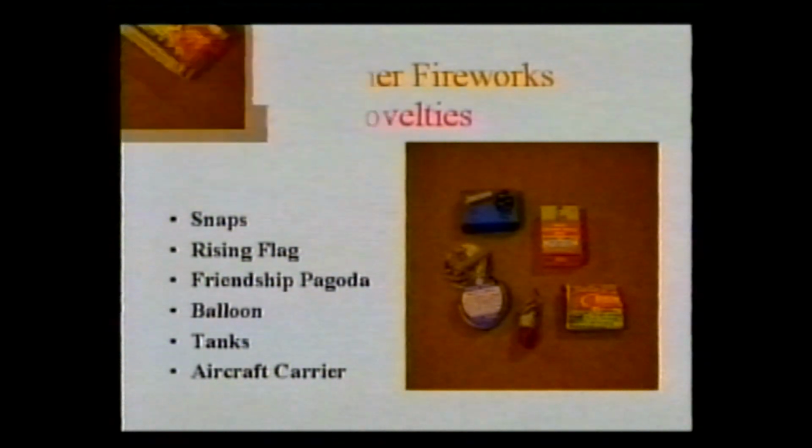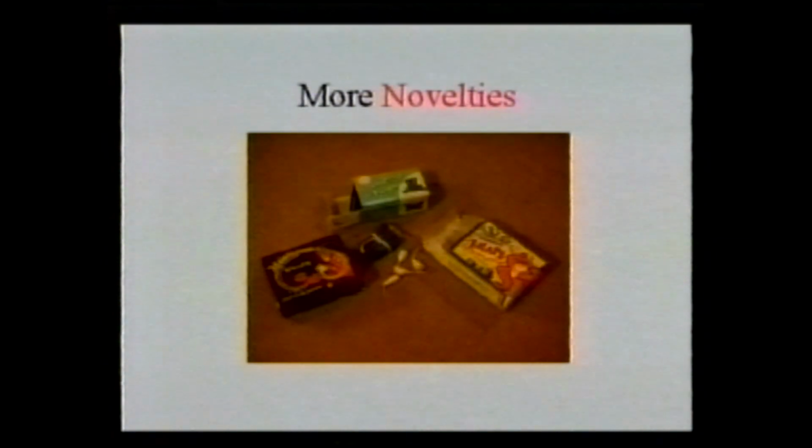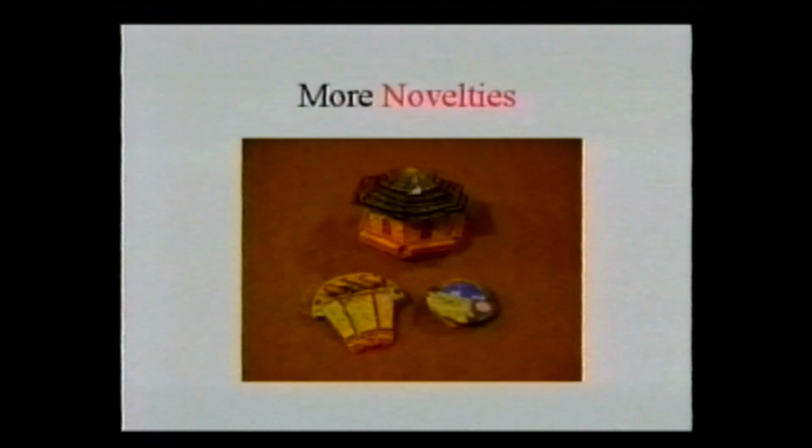There's a wide variety of different kinds of novelties that might be available, some of them even here in Michigan, including these stamps, friendship pagodas. These are things that will actually spin a little bit and result in a firework that you can take home afterwards. They're not actually consumed.